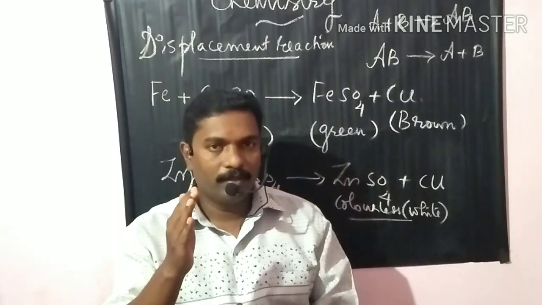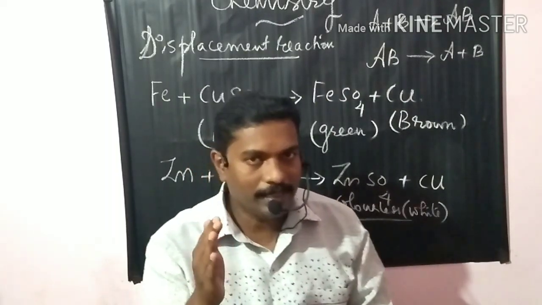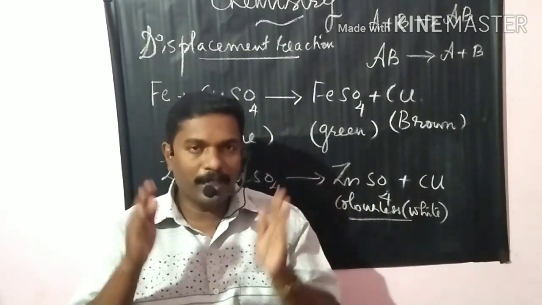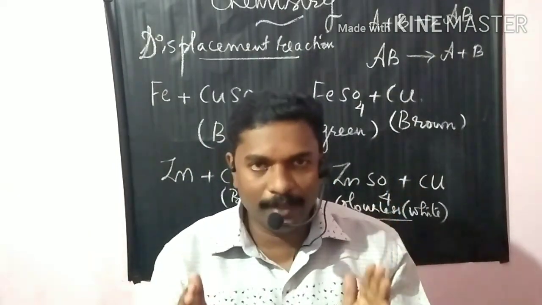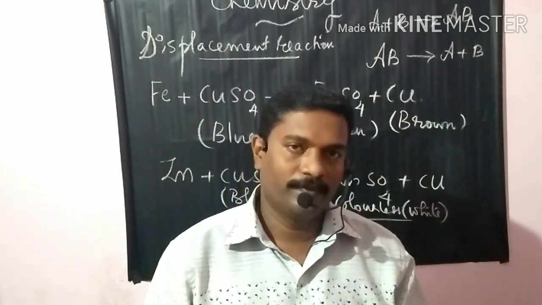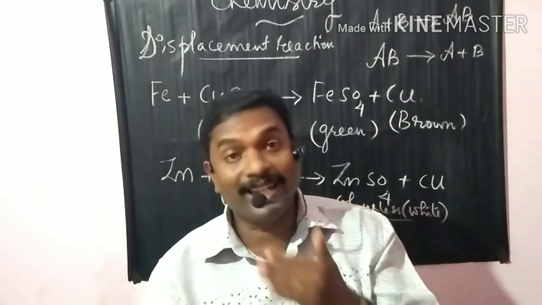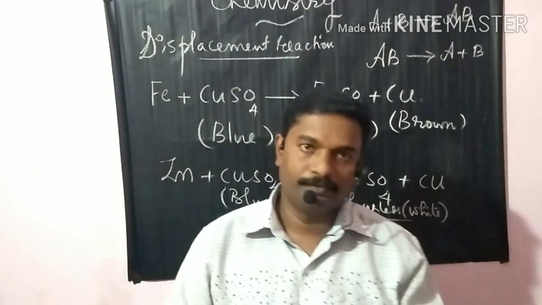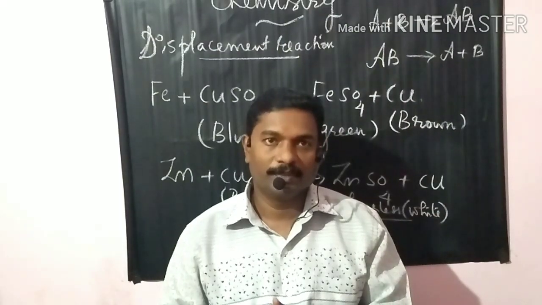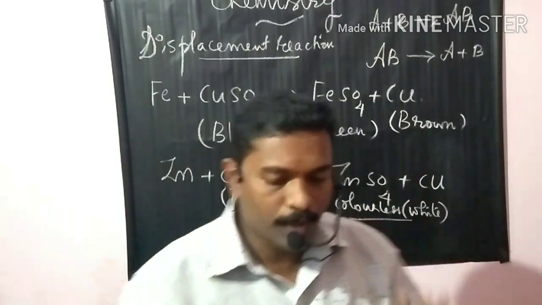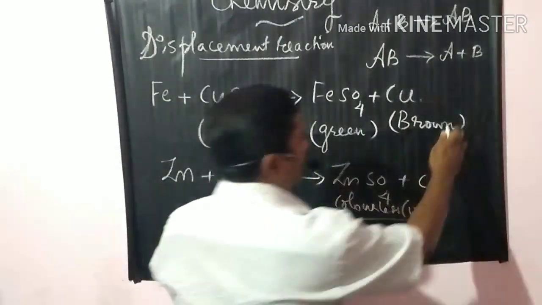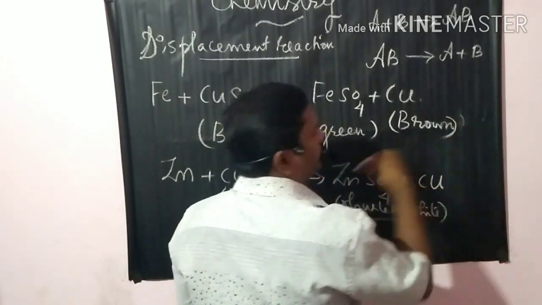That's what we call reactivity series. By knowing the position of elements in the reactivity series, we can easily find out how or why they displace. Okay, so to know the reactivity series, listen here.